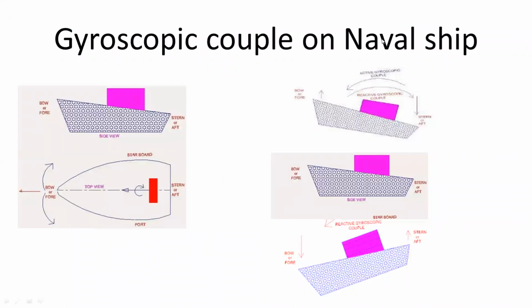Okay, so now the second effect in the naval ship is during the pitching motion. In the video we have seen the meaning of pitching. Pitching is nothing but the upward and downward movement of the front end or the rear end because of the wave impact.